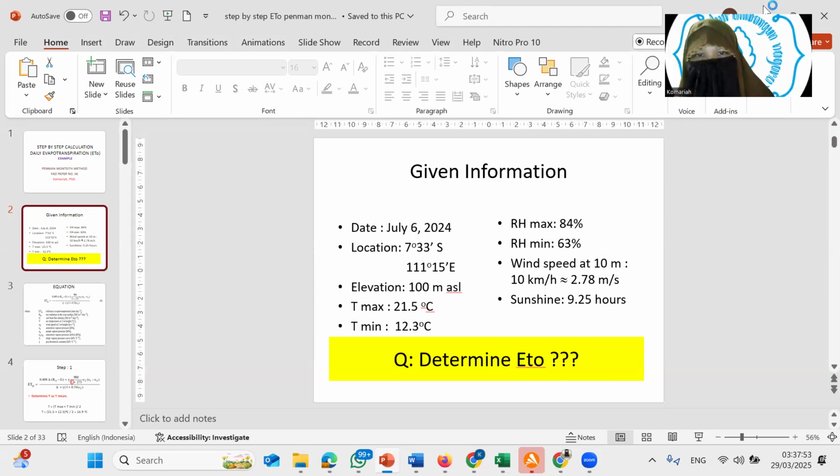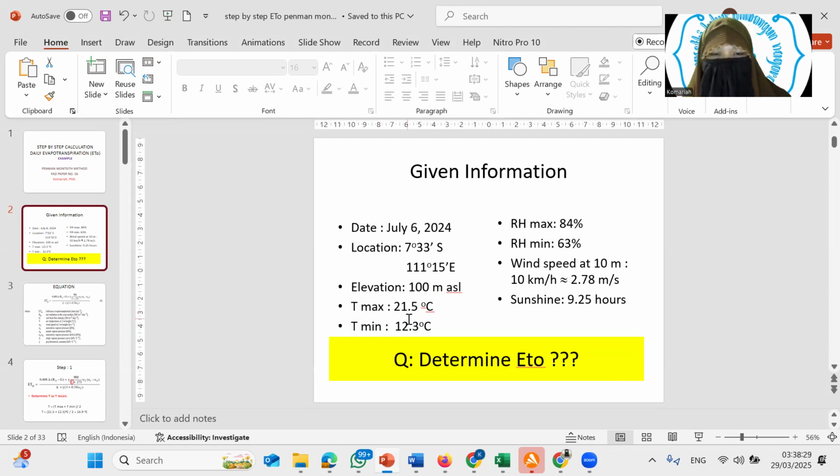As you can see here, this is the given information. Okay, so the date is July 6, for example, and the location, the latitude is 7 degrees 33 minutes south, southern hemisphere. And then the elevation, given information is 100 meters above sea level. And then the maximum temperature is 21.5 degrees.